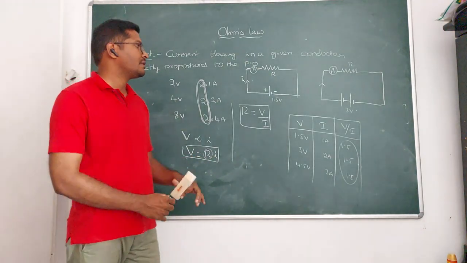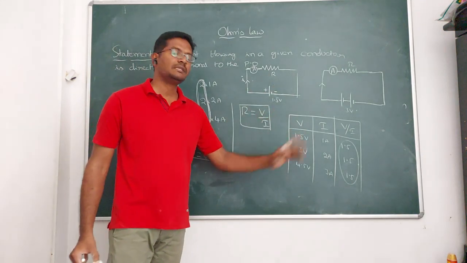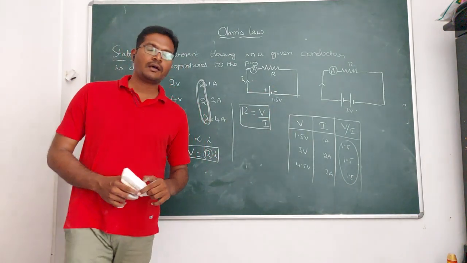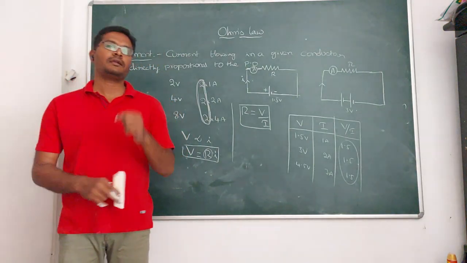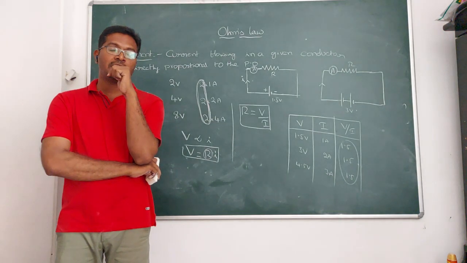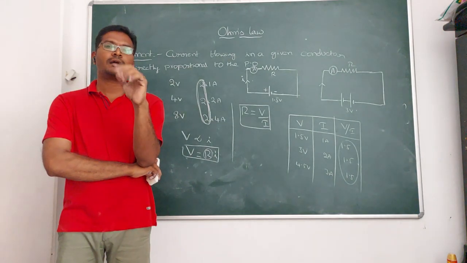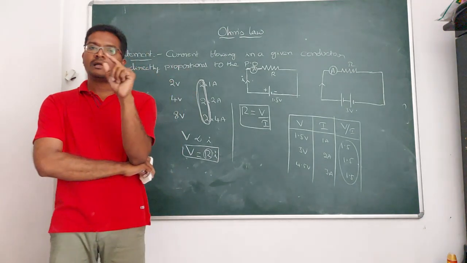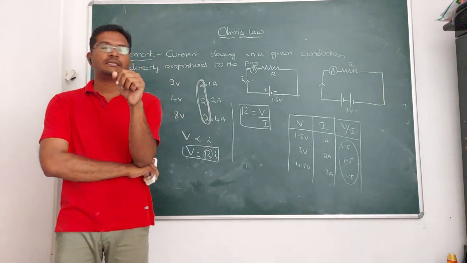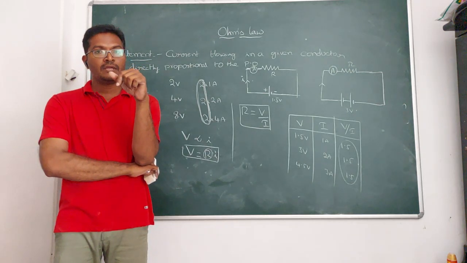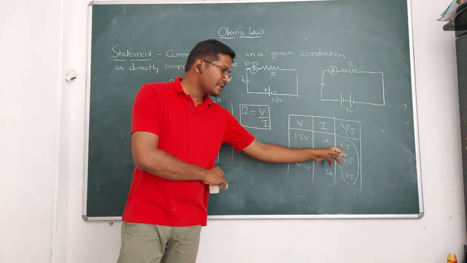So you can find this resistance using this experiment. Here the experiment is not conducted at all conditions. While doing this experiment, the remaining conditions must be constant. That means temperature must be constant here. Already I said that if temperature increases, resistance is going to increase. But here we are taking resistance as constant.